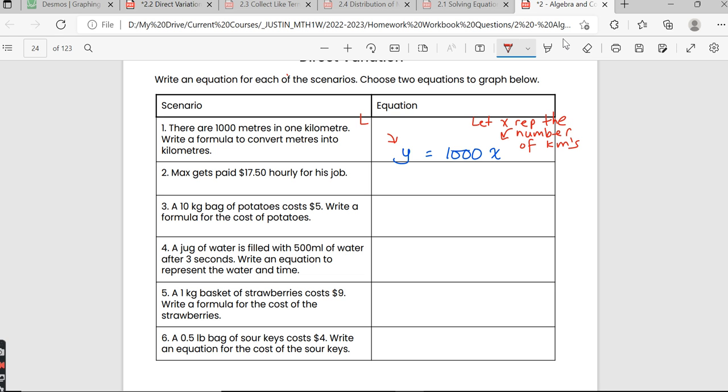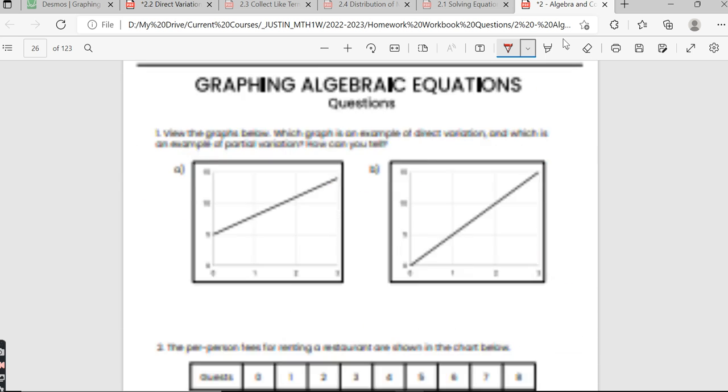And let y represent the number of meters. There we go, that makes more sense. So if there's 1 kilometer, 1 times 1,000, that gives us 1,000 meters. If it was 2 kilometers, 2 times 1,000 gives me 2,000 meters and so forth. There we go. Okay, and as always, you can always check your solutions at the very bottom of this package.